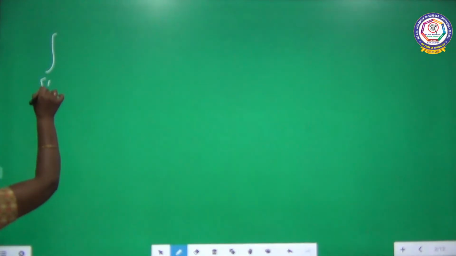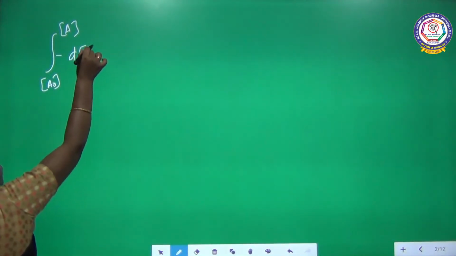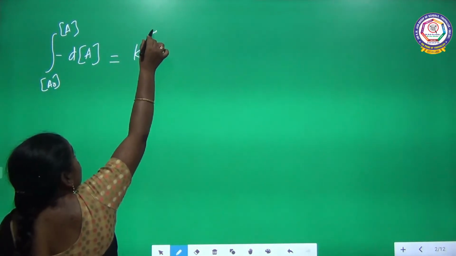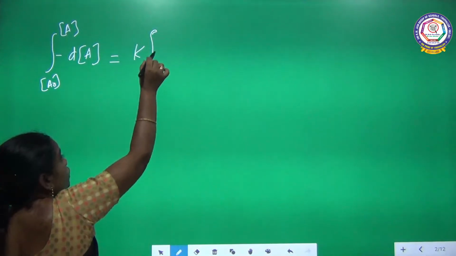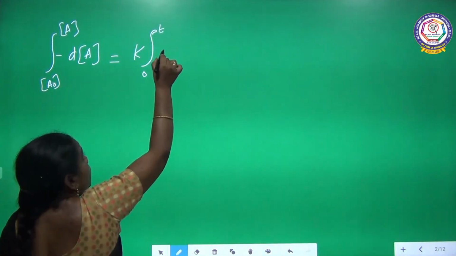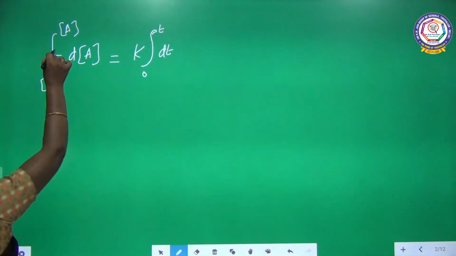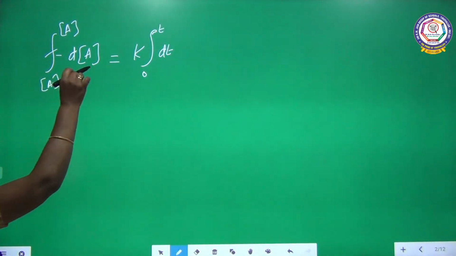Limit concentration of A0 to A, decrease in concentration of A equal to K. K is constant, so you have to keep it outside, 0 to t, at dt. So, here the integration and the differentiation are going to be cancelled.